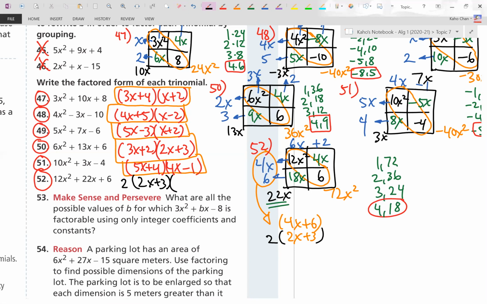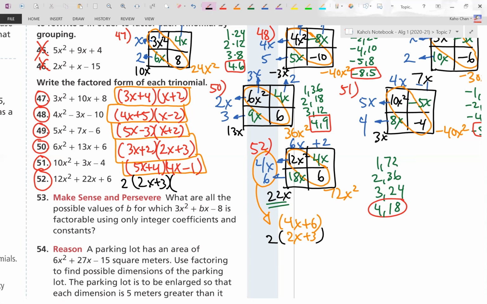2, 6, 22, 4x. I'm just double checking everything, folks. Sorry about that. 4, 6, 6, 12. Ooh. Oh, that's weird. Did I jot it down wrong?